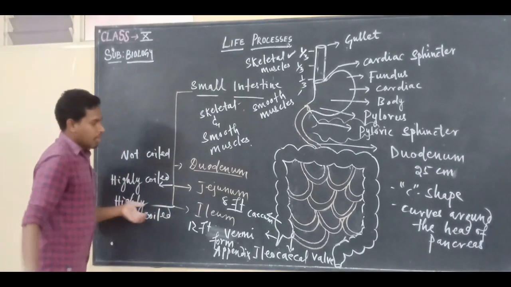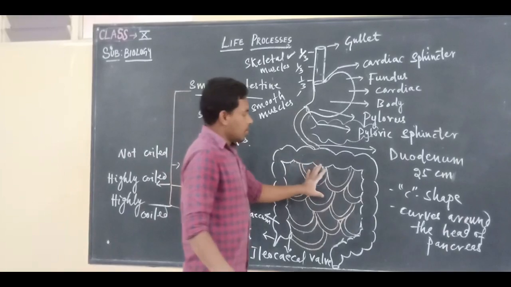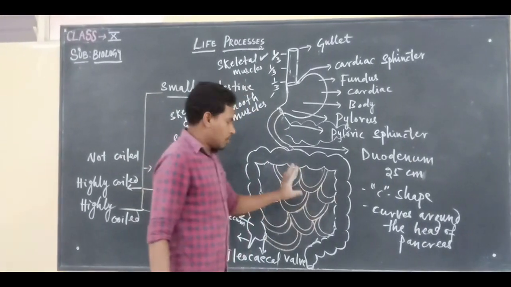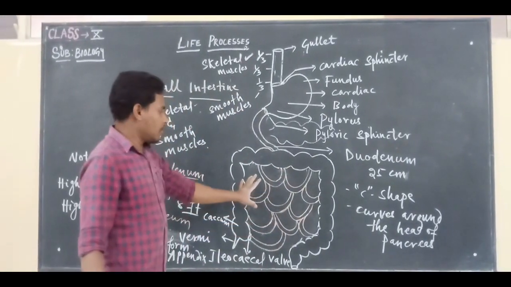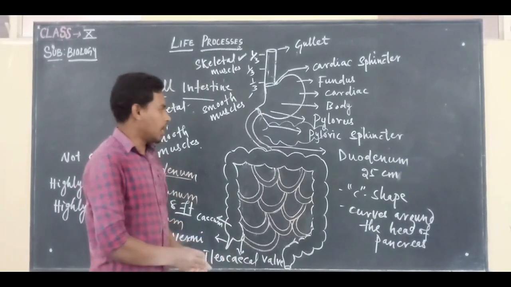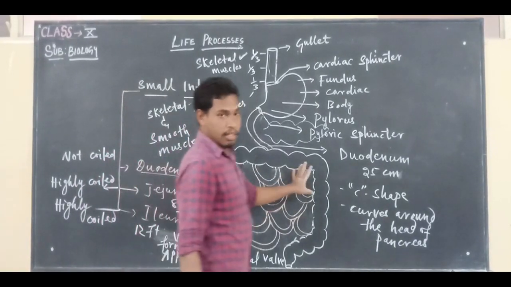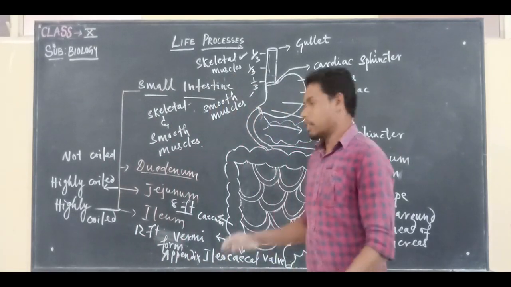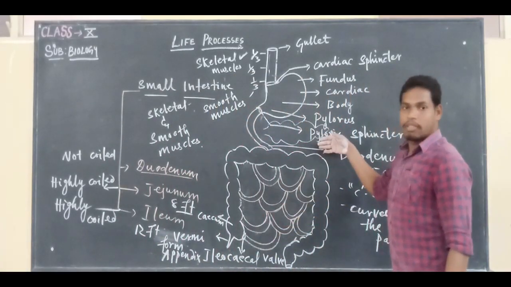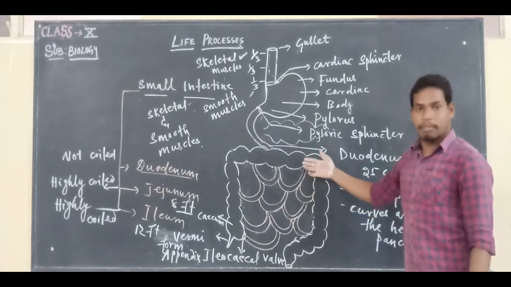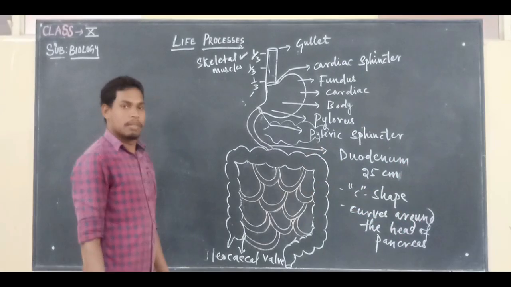Now, the small intestine has villi. So let me explain with a neat diagram. In order to understand better, we will draw a diagram of villi because they are present in the small intestine.